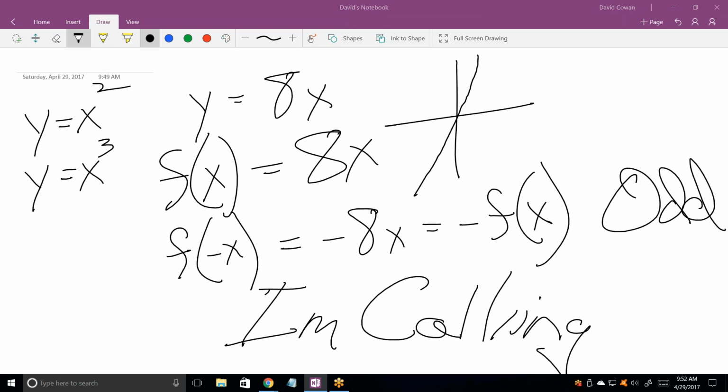Okay. Over here on the far left, do you see a y equals x squared and a y equals x cubed? No. Okay. Imagine it. Which one is even? Which one is odd? Y equals x squared is even. Correct. And you know how to graph that.